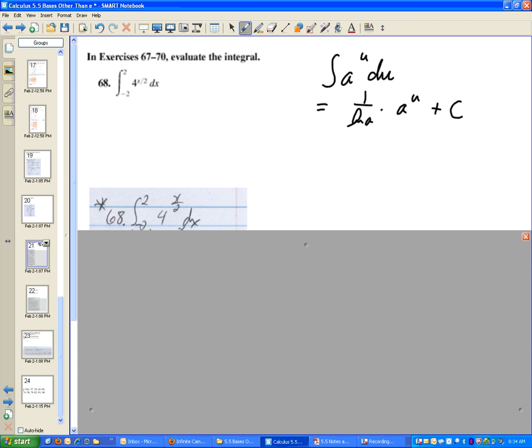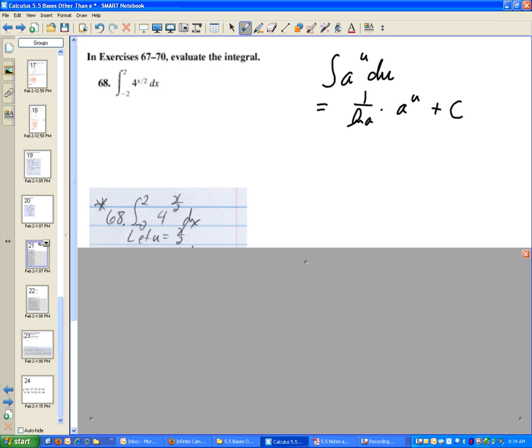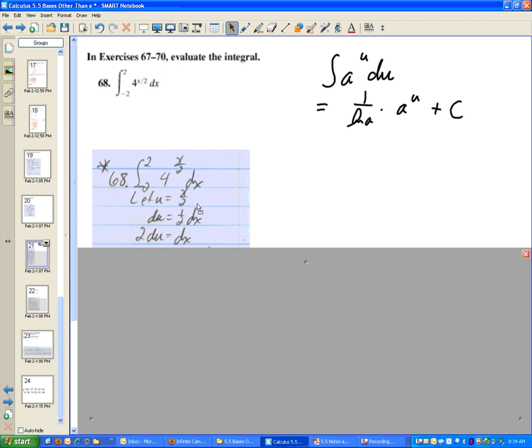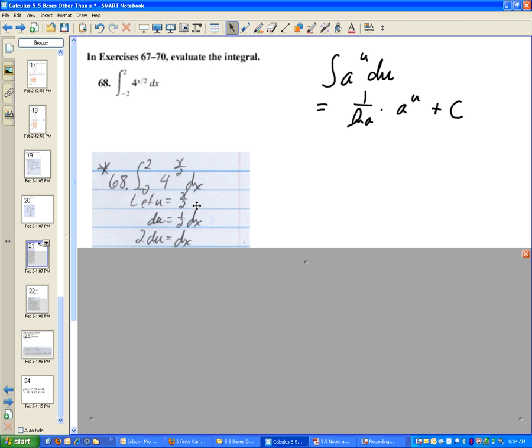That's what u needs to equal, isn't it? So let u equal x over 2. Now that is the same thing as 1/2 x. So to get du, what's the derivative of x over 2? 1/2. So du equals 1/2 dx. We don't have a 1/2. Multiply both sides by 2. 2 du equals dx. So we're good on that part of the substitution, aren't we?